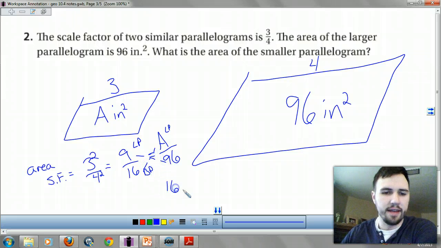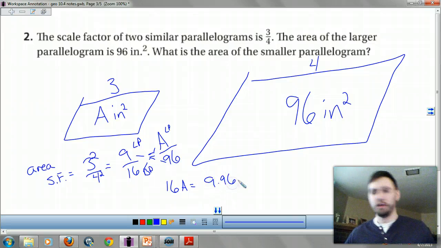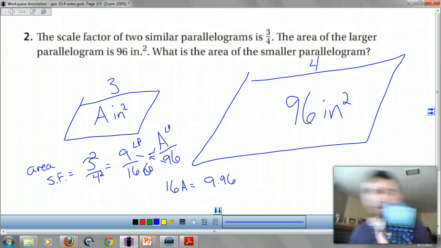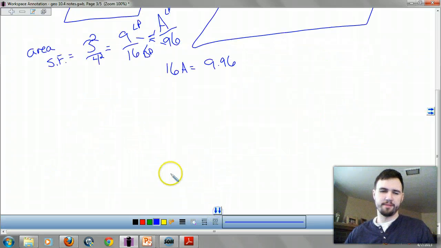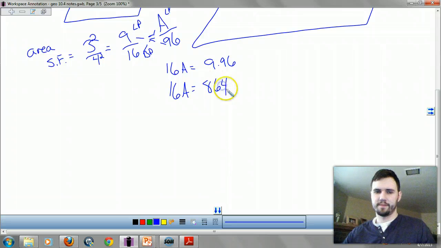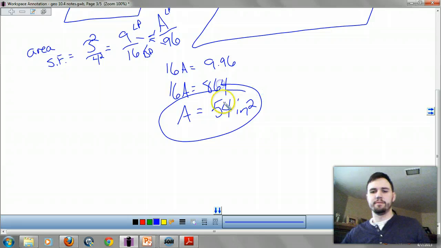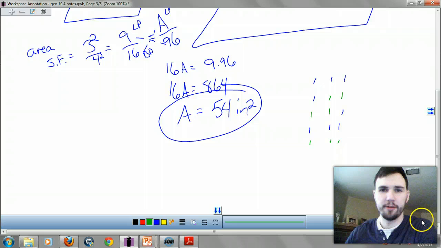So I get 16 times area equals 9 times 96, which if I use my handy dandy calculator, that's 864. Divide by 16, you get area equals 54 inches squared. Okay? Pretty easy, right?